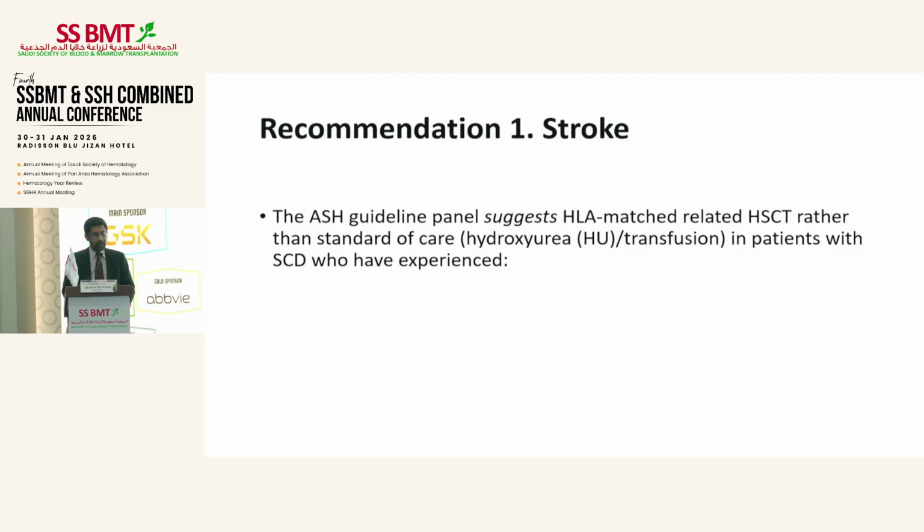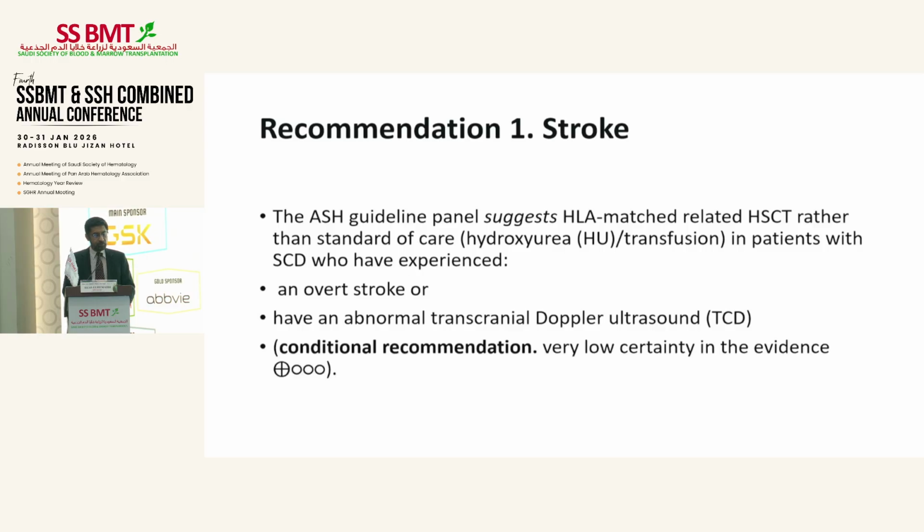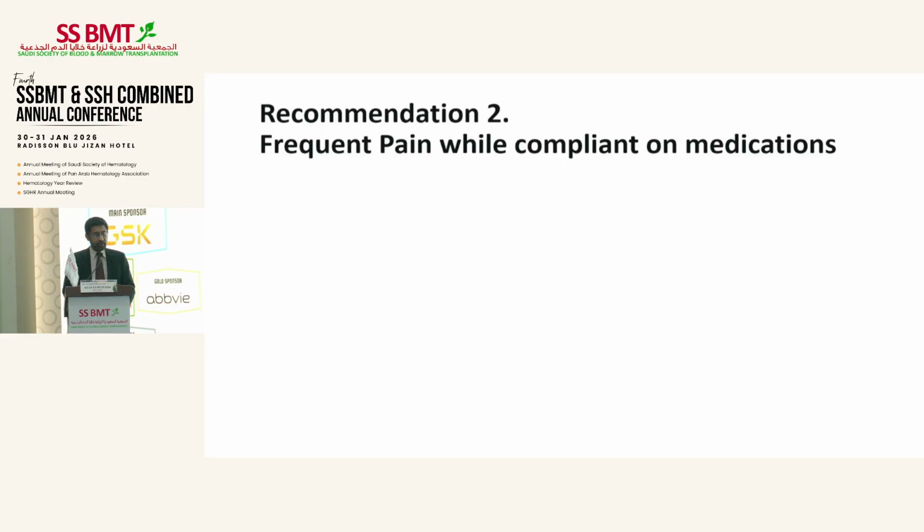For stroke, the ASH guidelines say HLA-matched sibling transplant rather than standard care hydroxyurea in patients who have sickle cell disease and have an overt stroke, or have an abnormal transcranial Doppler ultrasound in children. This is a conditional recommendation for stem cell transplantation, preferably in patients who are less than 16 years.